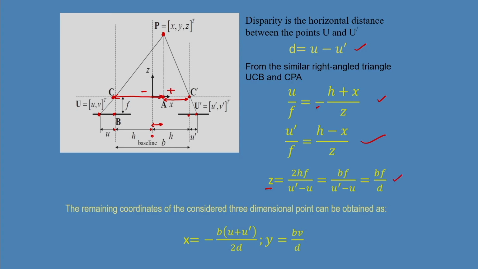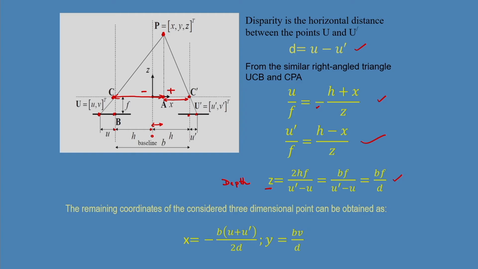What is B? B is the distance between the two camera projection centers. What is F? F is the focal length of the camera. And what is d? The d is the disparity in the horizontal distance, that is u minus u dash. So you can see z is the depth information. If the disparity is more, the depth will be less.